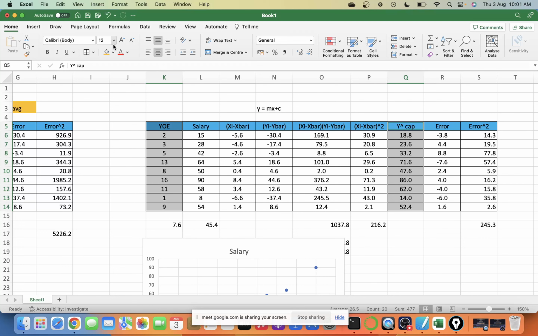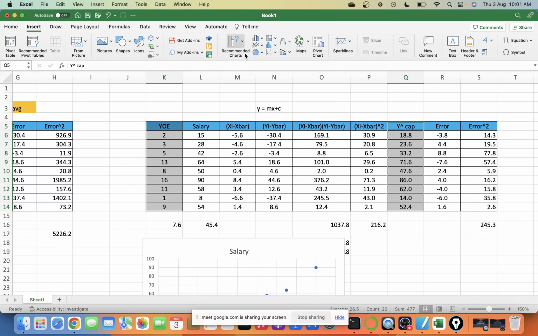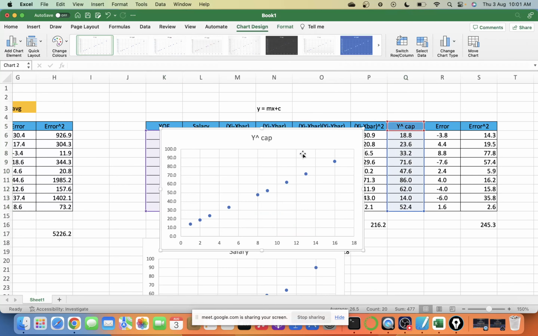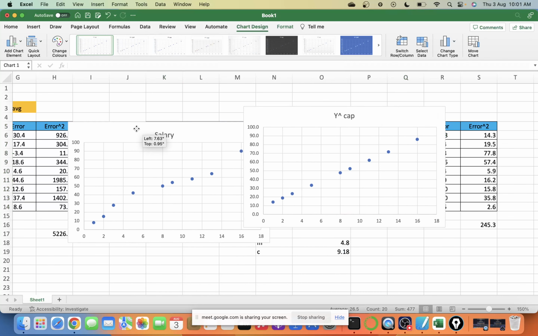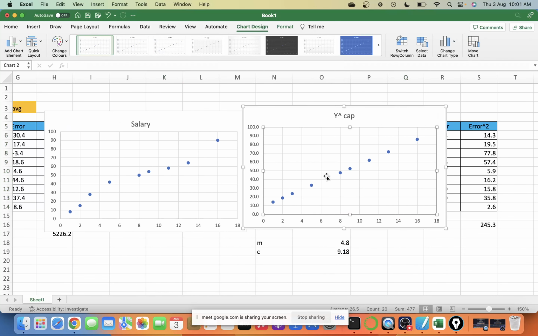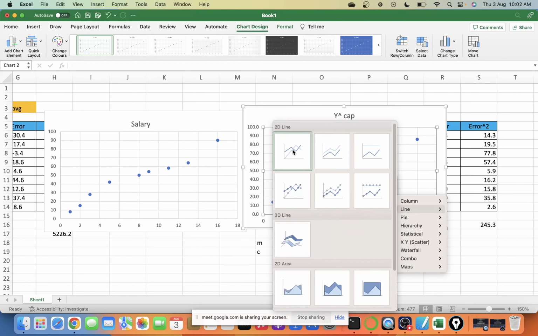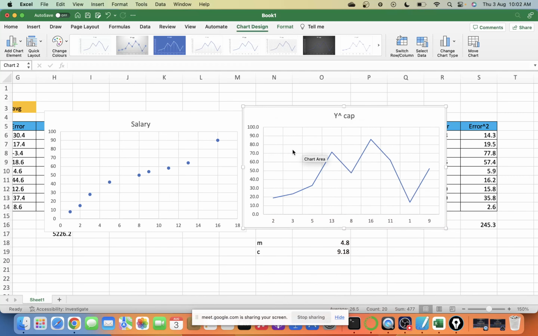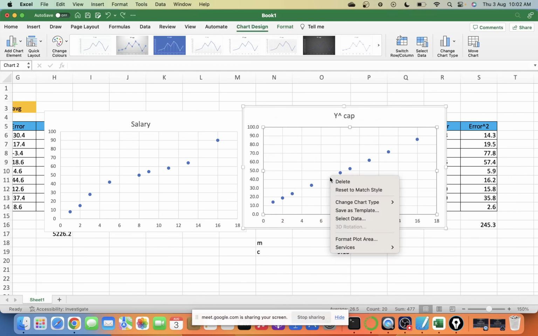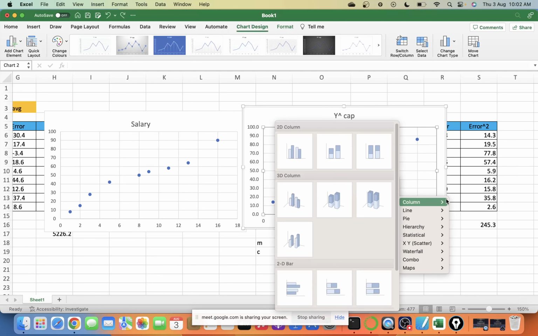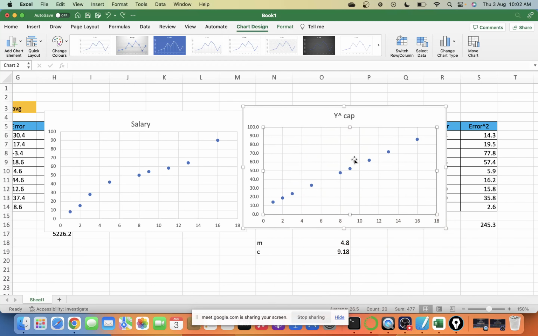Where is insert? Insert, and then we can do this. Let me put it like a line. Just try to understand, it is a line. I just wanted to have a single line in between. Getting my point? Now see, this is the single line.